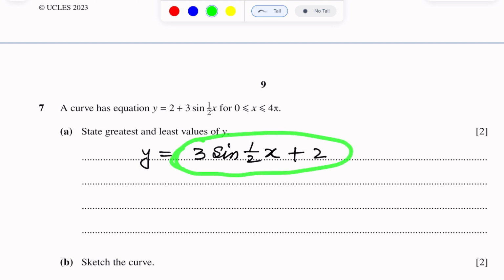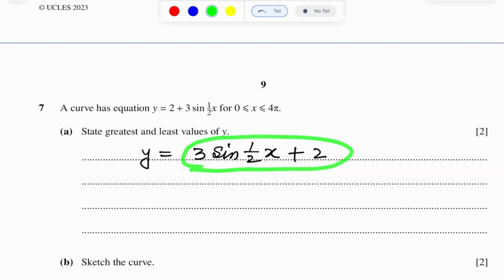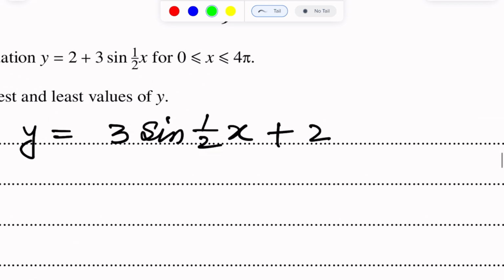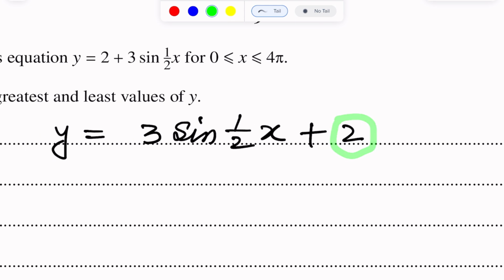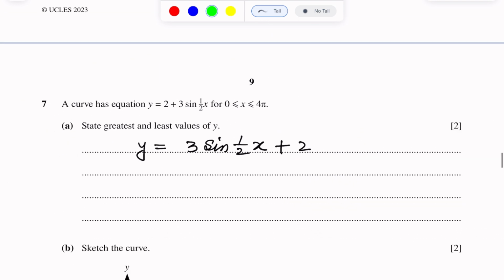This will be a sine curve. This constant value 2 shows the baseline. If we add this baseline to the multiple of sine x, that is 3, we get the greatest value of the function. So the greatest value of the function will be 2 plus 3, that is equal to 5.